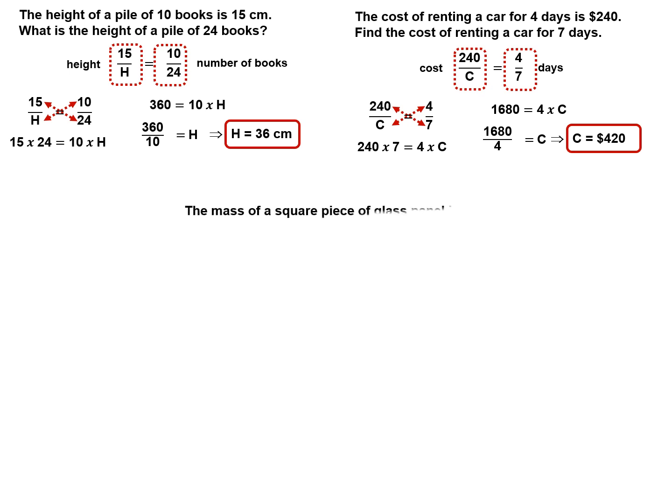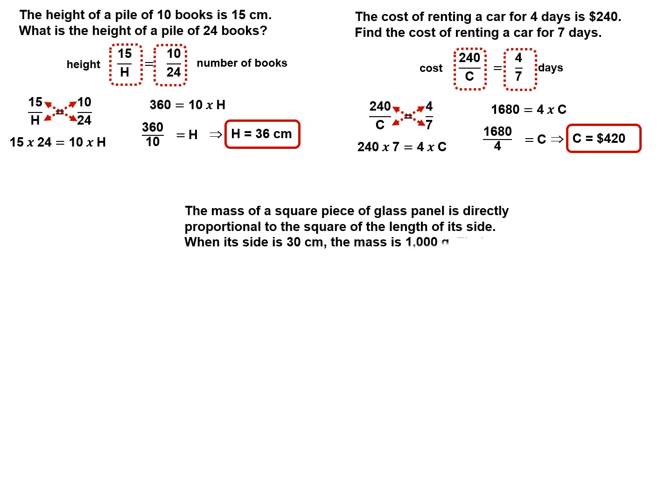The mass of a square piece of glass panel is directly proportional to the square of the length of its side. When its side is 30 centimeters, the mass is 1000 grams. Find the mass in grams of a glass panel of side 50 centimeters.